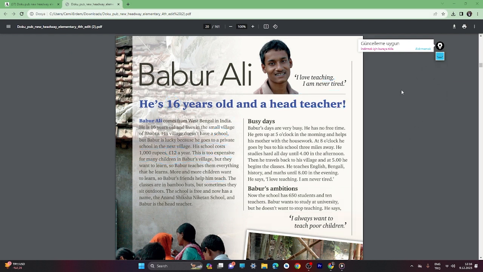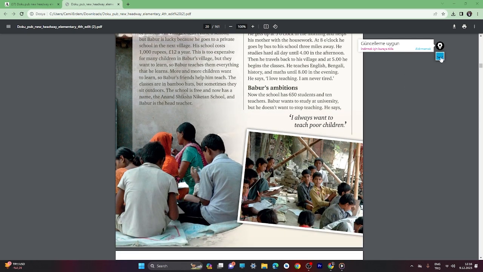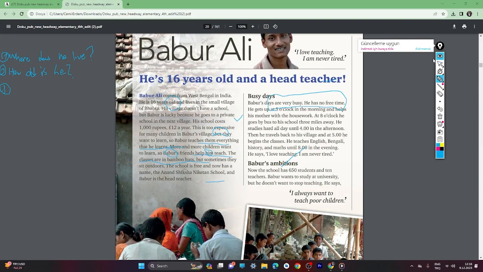The classes are in bamboo huts. So I will show you this. The class is in bamboo. You see, these are the bamboos, a type of tree, okay? So bamboo huts means these are the huts, bamboo huts.